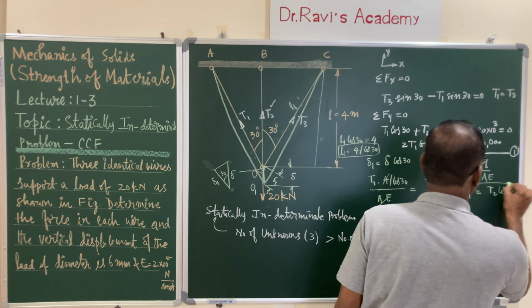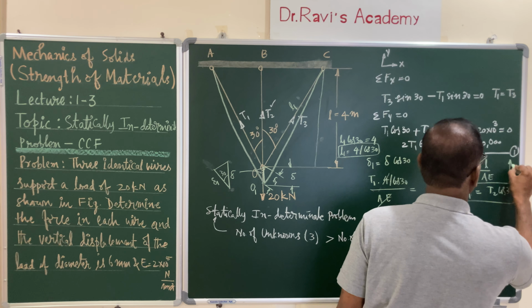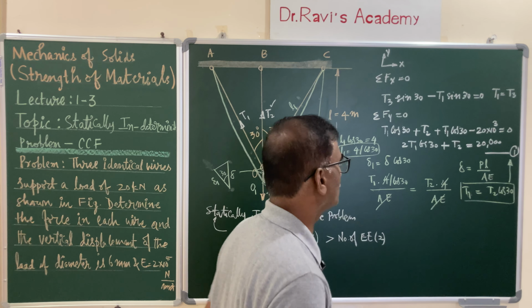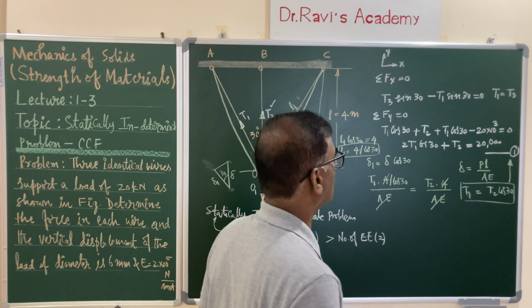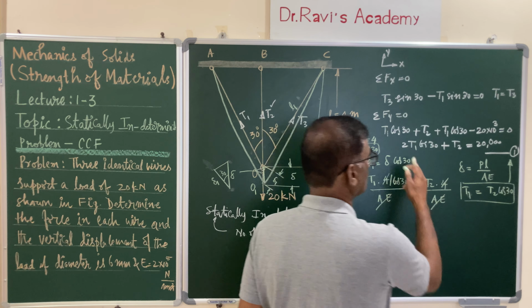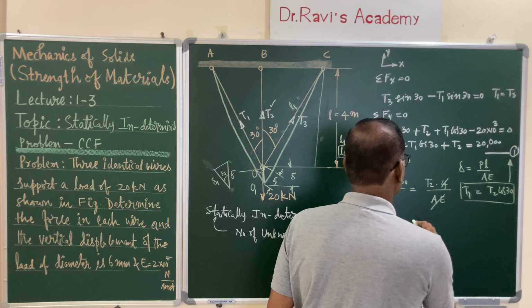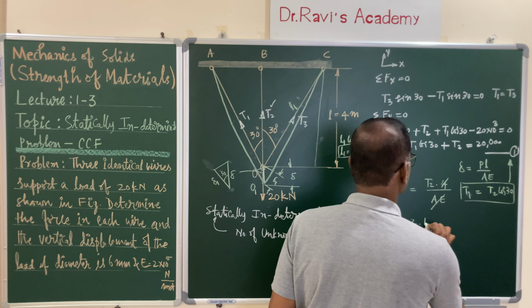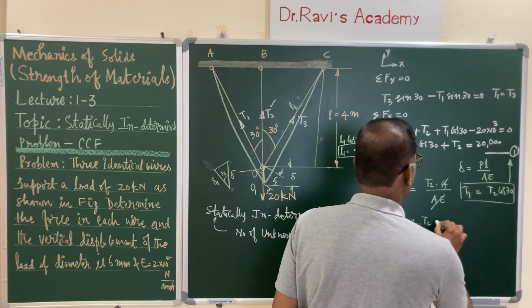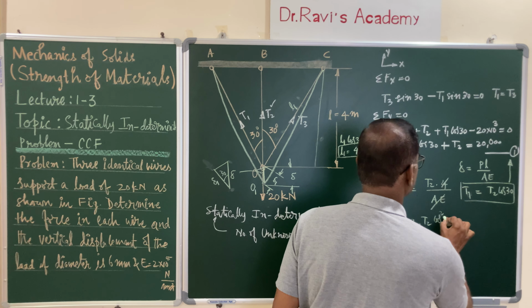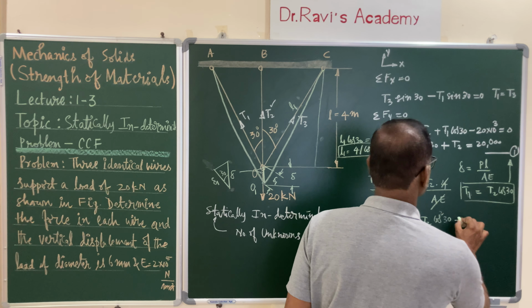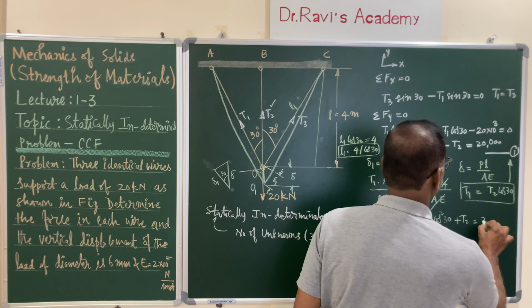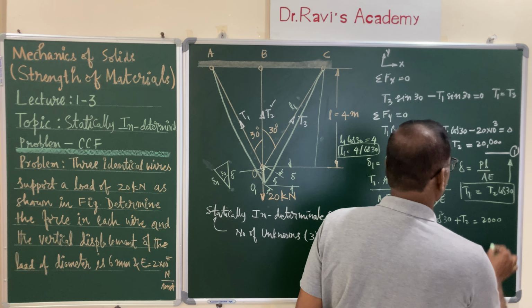Substitute this into your equation of equilibrium so that you will get the T1 and T2 values. So 2 T1 is 2 T2 cos 30, and since you already have cos 30, that becomes cos square 30, plus T2 is equal to 20,000.